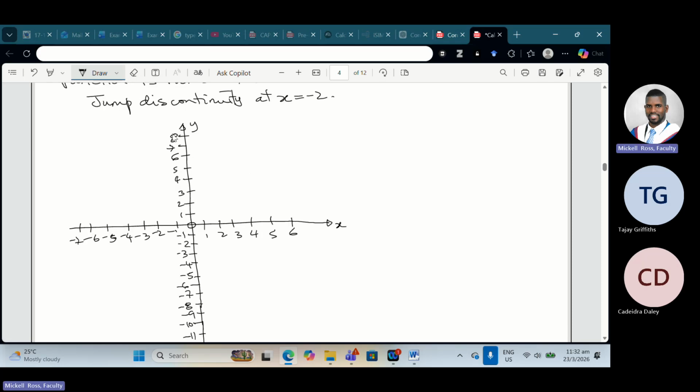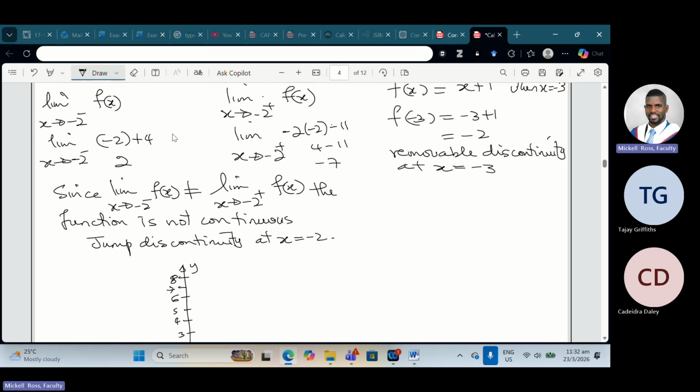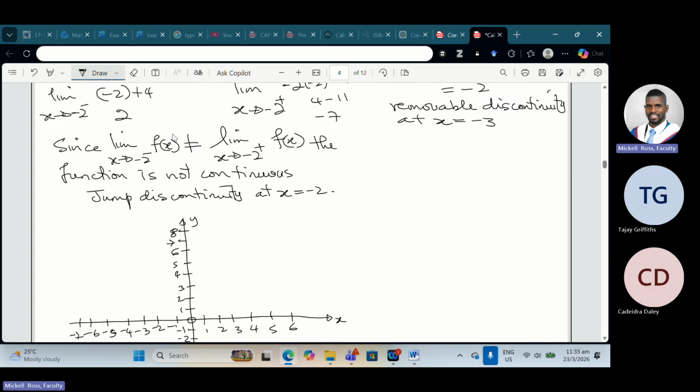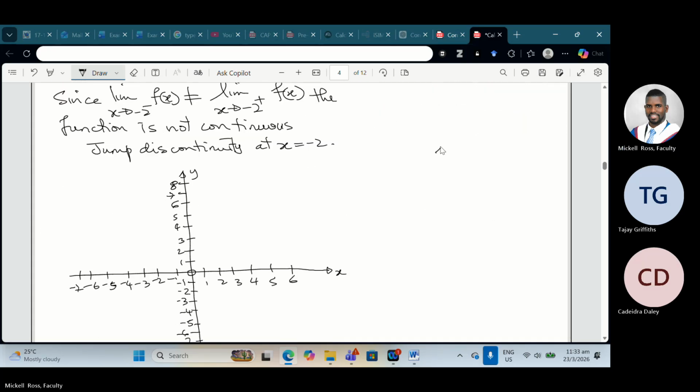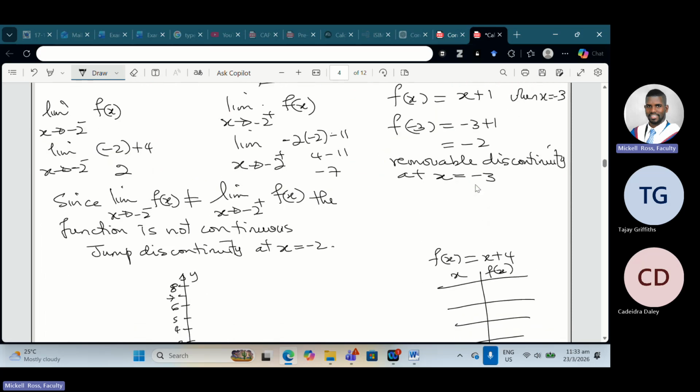All right, so we're going to look at the two functions. First, x plus 4. Remember, this is a straight line, and this is for when x is less than or equal to negative 2.